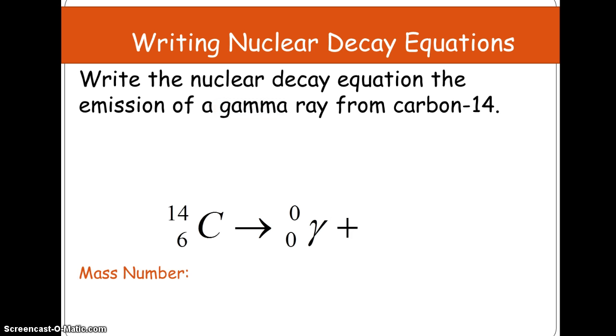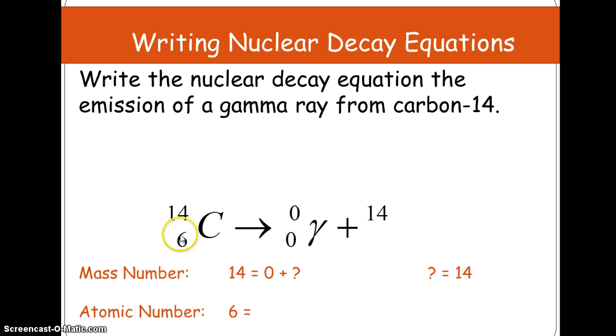Last but not least, we want to solve for our missing elements. The mass number, 14, is equal to 0 plus this mass number. Subtract 0 from each side. Our mass number is 14. Same thing goes for the atomic number. There's 14 up there. The atomic number is going to be the same on the left and the right.